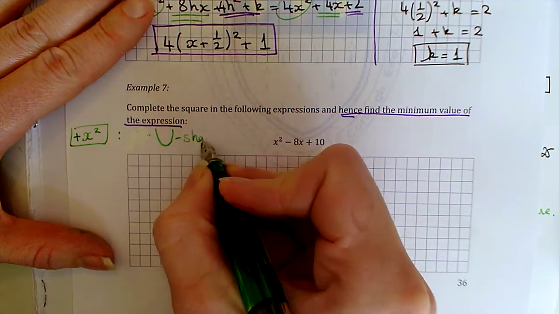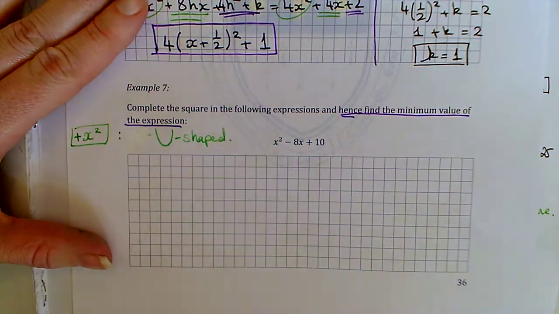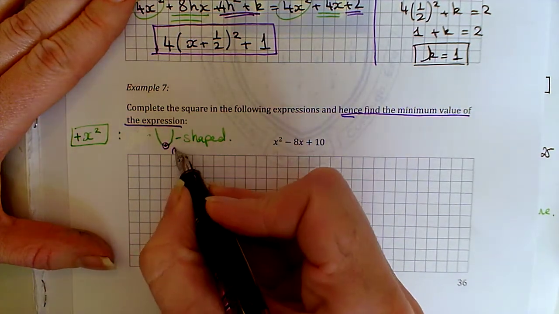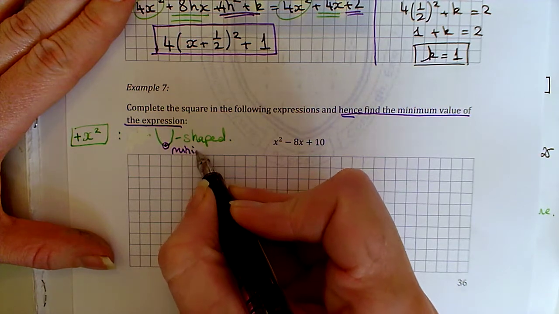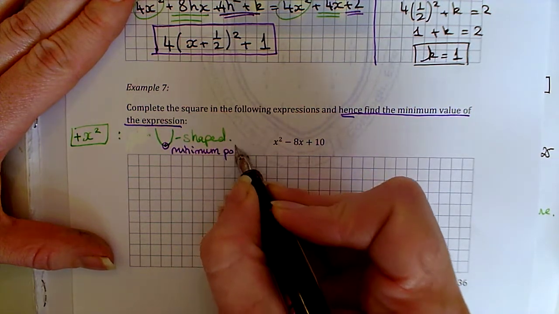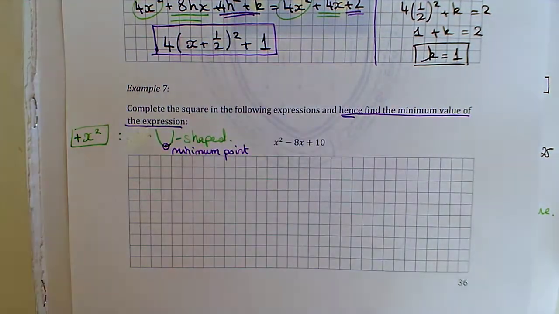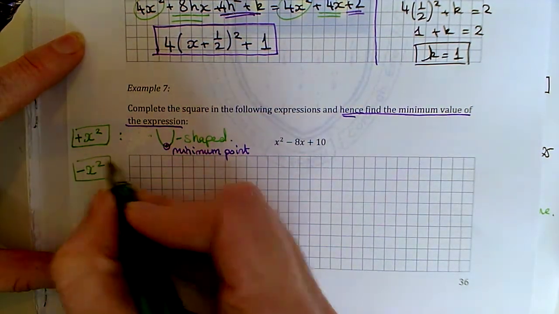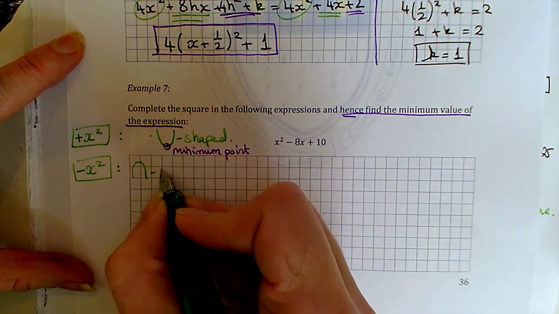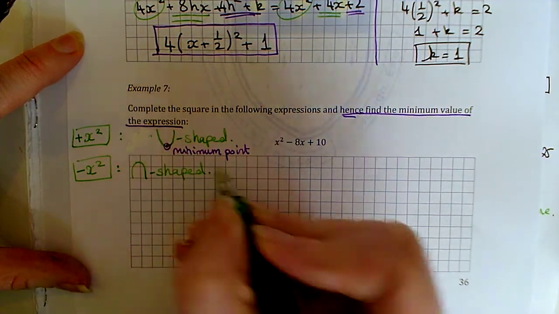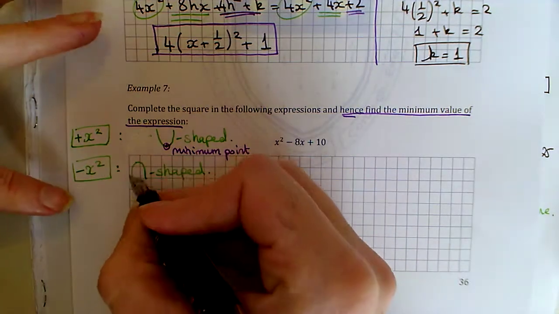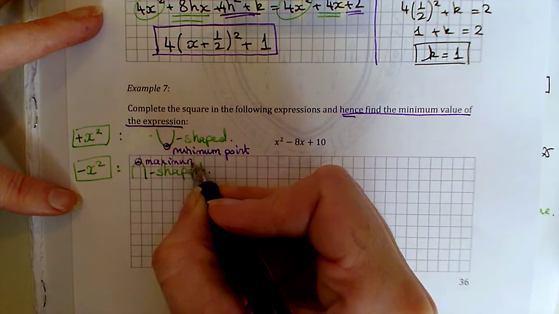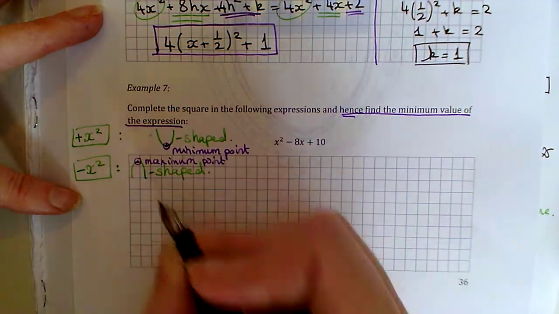That means when I plot the graph of the function, it starts up high and it comes down to a minimum point before it starts shooting back up again. But if I have a minus in front of the x squared, I don't get a U-shaped graph, I get an N-shaped graph, which means that it starts down low and it comes up to a maximum point before going back down again.